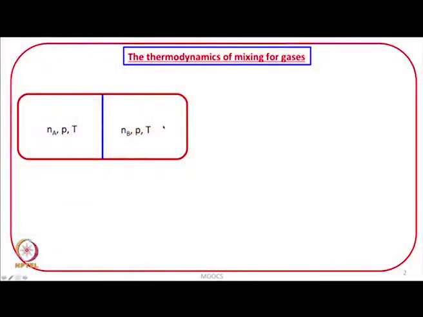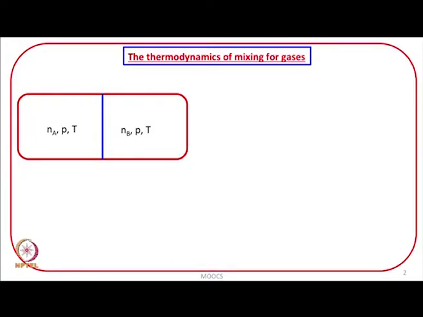To begin with, we will develop equations for perfect gases. If you look at the figure here, the partition is there which separates gas A from gas B. However, the total Gibbs function of the combined system can be expressed in terms of chemical potential that we have discussed in the previous lecture.